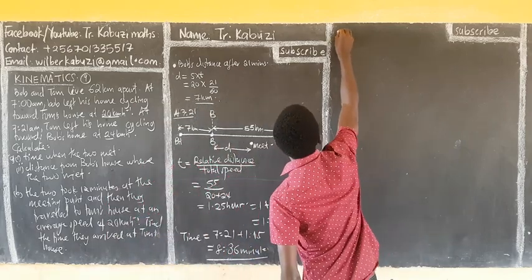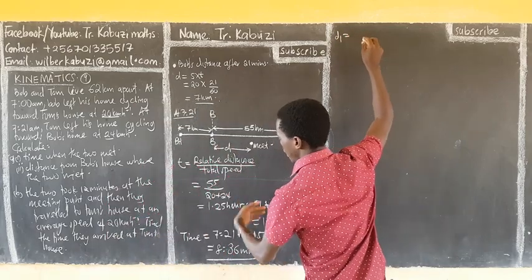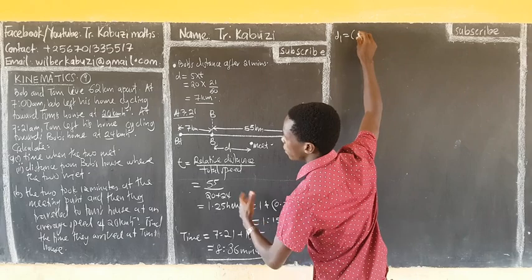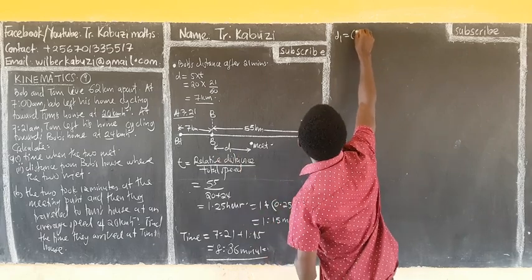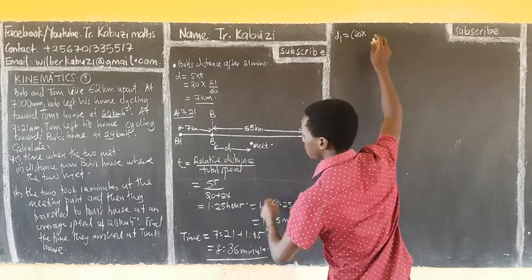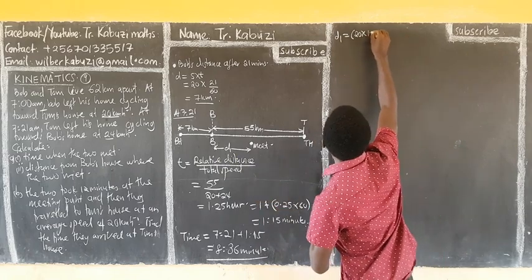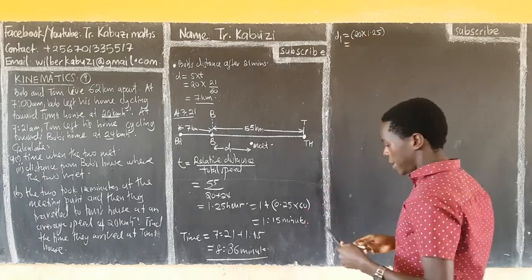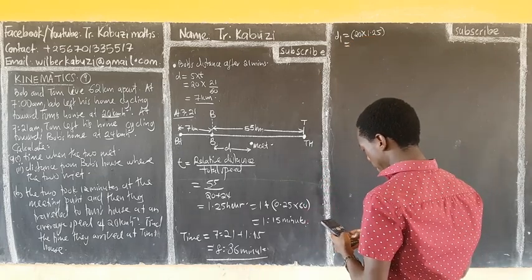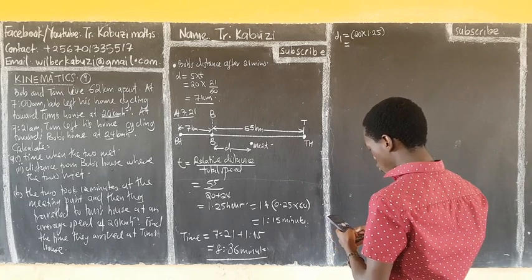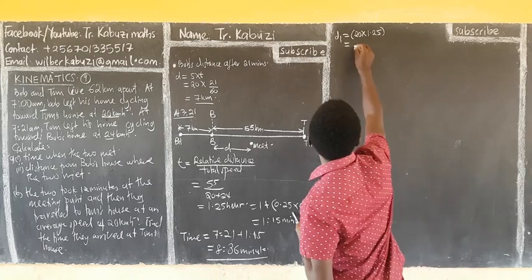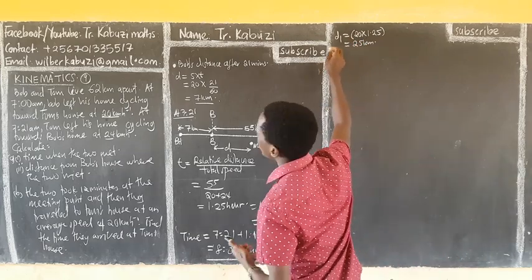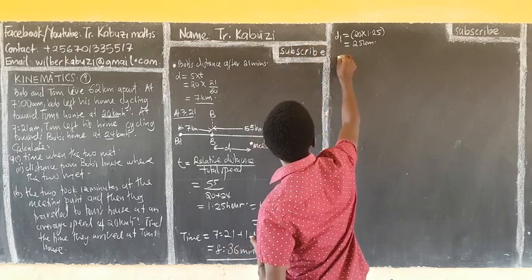D1 is the speed Bob is using, 20, times the time, 1.25, so this is going to be 25 kilometers.